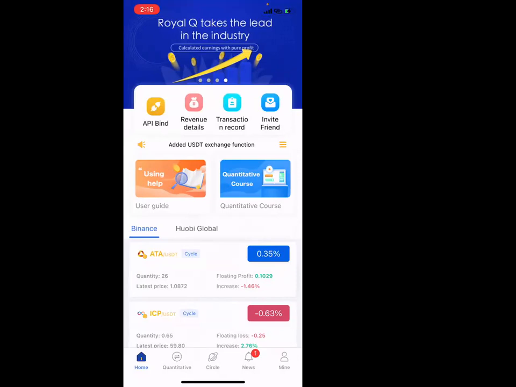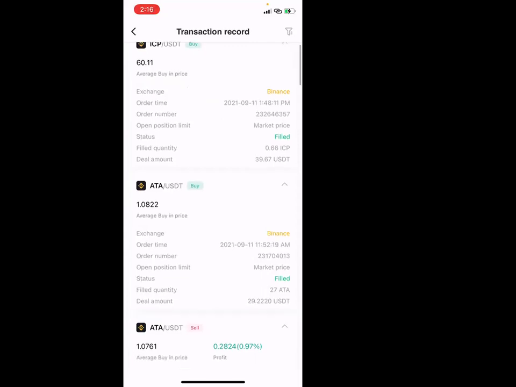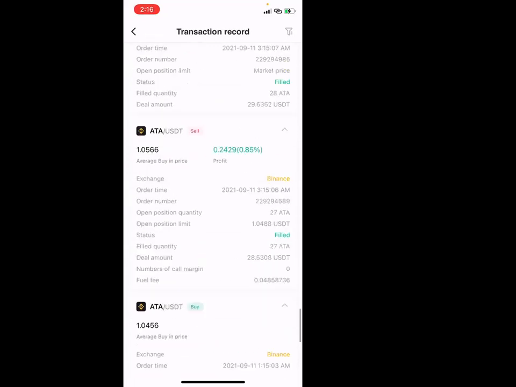Then transaction record. Let's go to transaction record, the next part there. Transaction record is where you get to see the detailed transactions being entered by the robot. You can see here ICP USDT. This is a report from Binance.